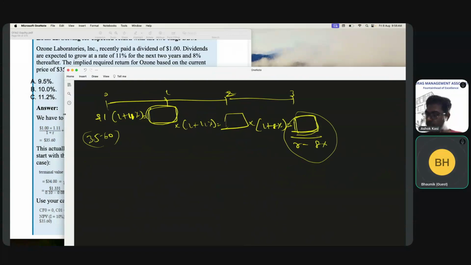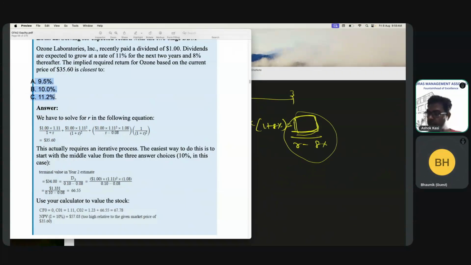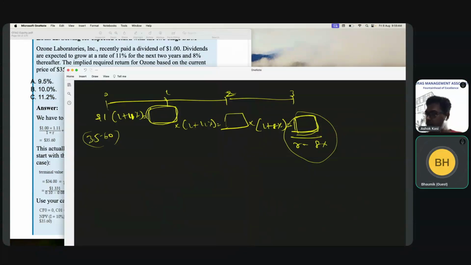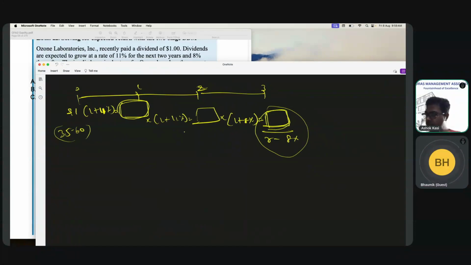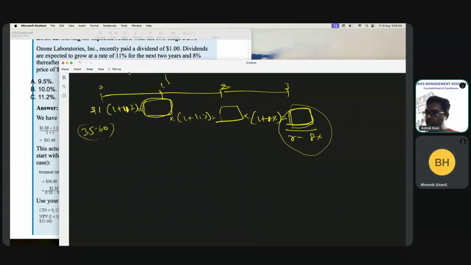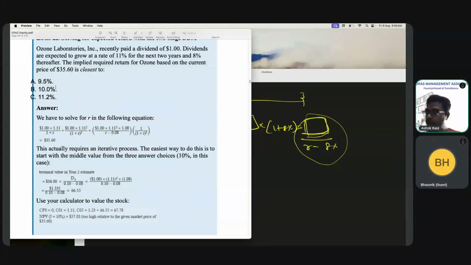That is the reason they have given these options here. We can do trial and error, basically. Trial and error you can do. So trial and error means you should begin with the middle number always.